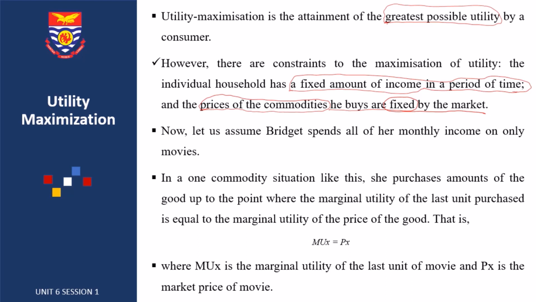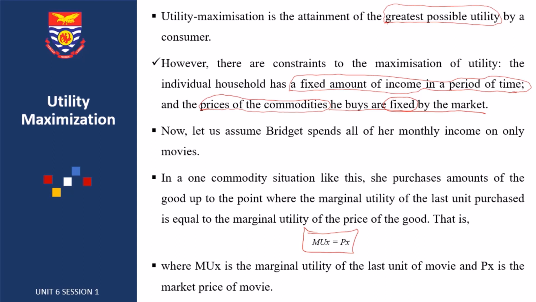Now, in a one commodity situation like this, she purchases amounts of the good up to the point where the marginal utility of the last unit purchased is equal to the price of the good. Just as we've written here, the MUX, marginal utility of X, is equal to what? Price of X. MUX is the marginal utility of the last unit of the movie, and PX is the market price of the movie. Here we can say that X is standing for the movie.